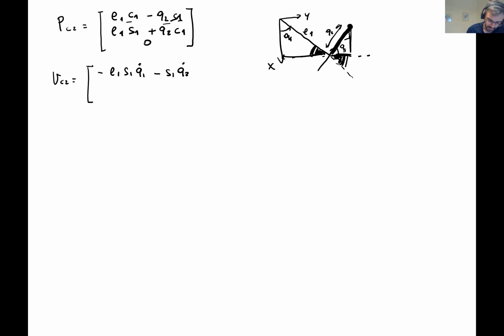Both of these depend on time, so we also have the other term, which is minus C1 Q2 times Q1 dot.